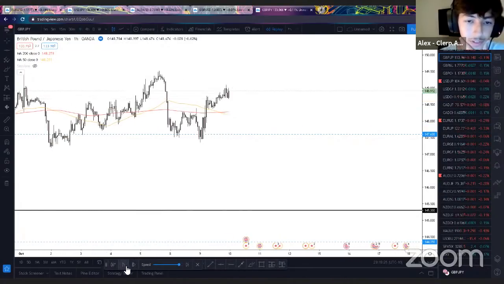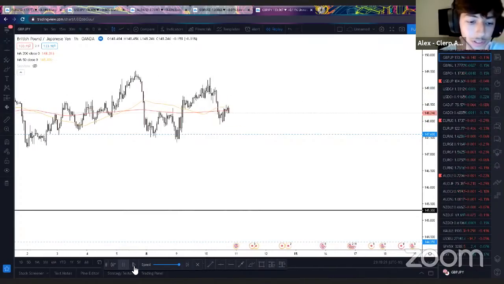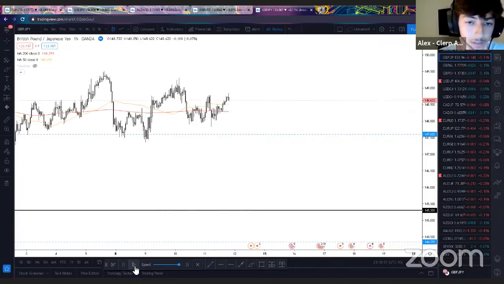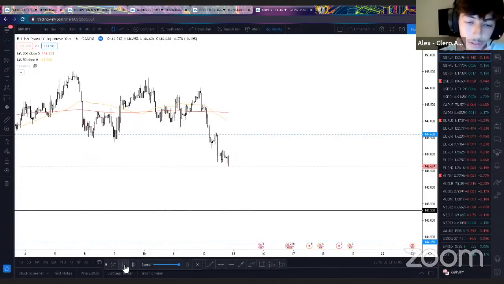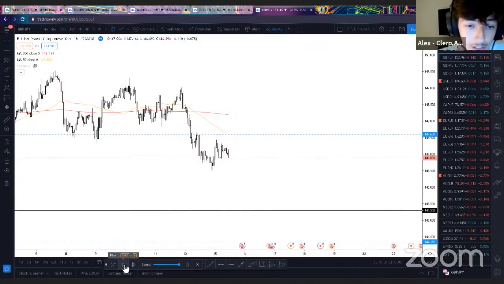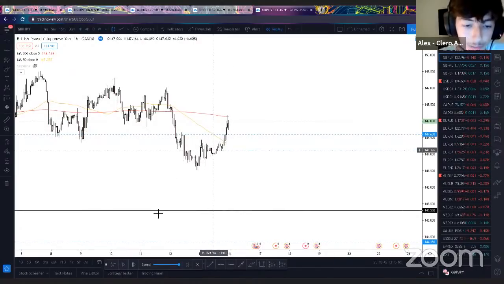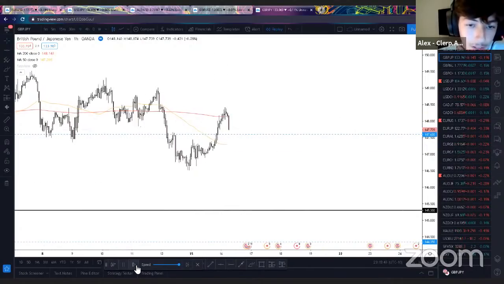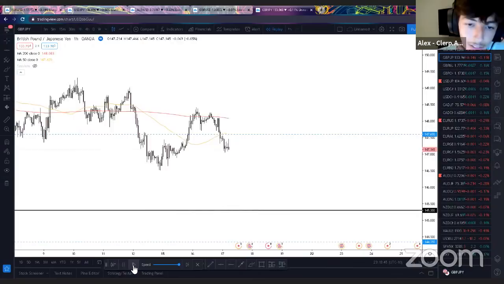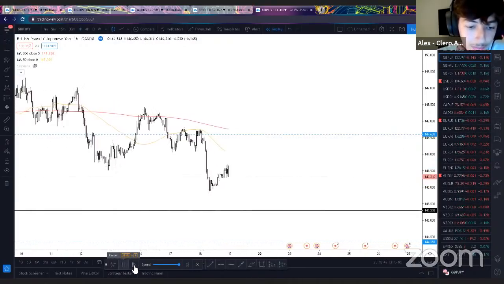Okay, another crossover, but overall it's bullish, or at least my bias is bullish. Let's see what's going on. Okay, it does decline. It's under the daily support, or now it's back up. See if we can catch a buy here. Okay, seems like it's just going up and retracing.